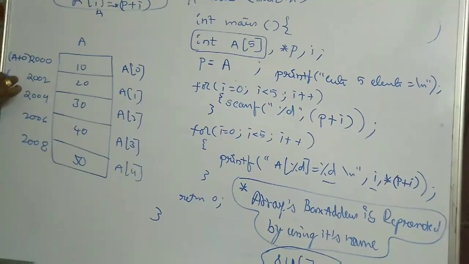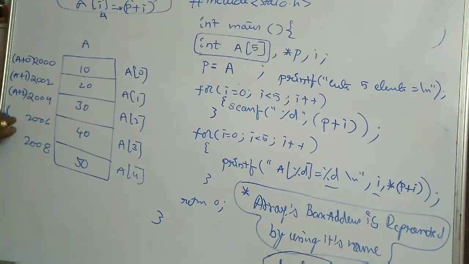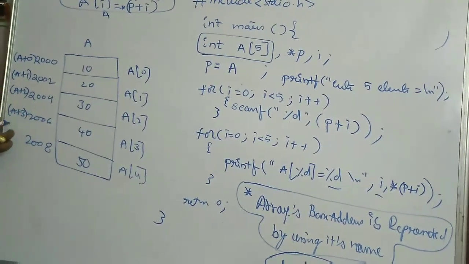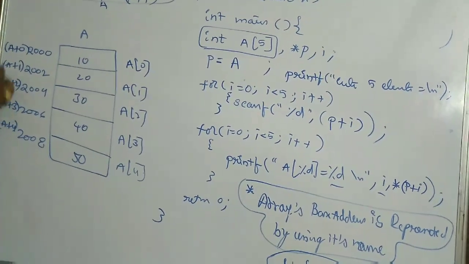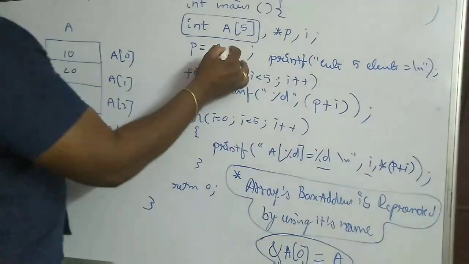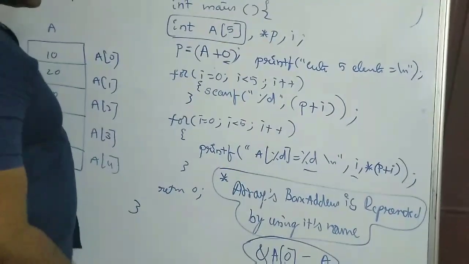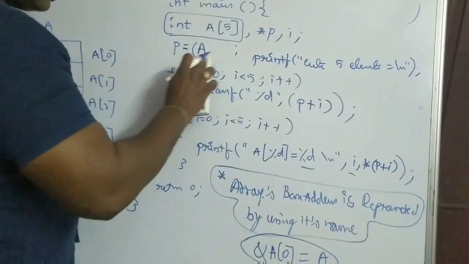This is A plus 1. This is A plus 2. This is A plus 3. A plus 4. So why I have written this as plus 0? A can be called as A plus 0. No problem, because this is an index value. So A or A plus 0 both are same.